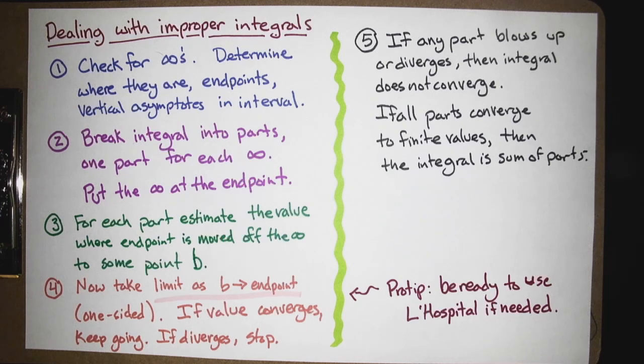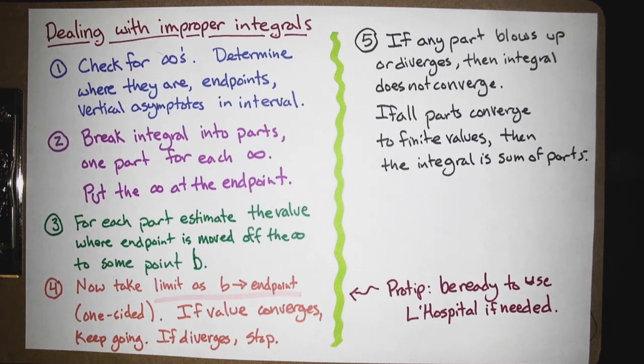If you have multiple things blowing up, or maybe you have a divide by 0 at the origin and you're going off to infinity, split it up so that each integral by itself has only one issue, and it happens at the endpoint. So break up your integral based on where your problems are.